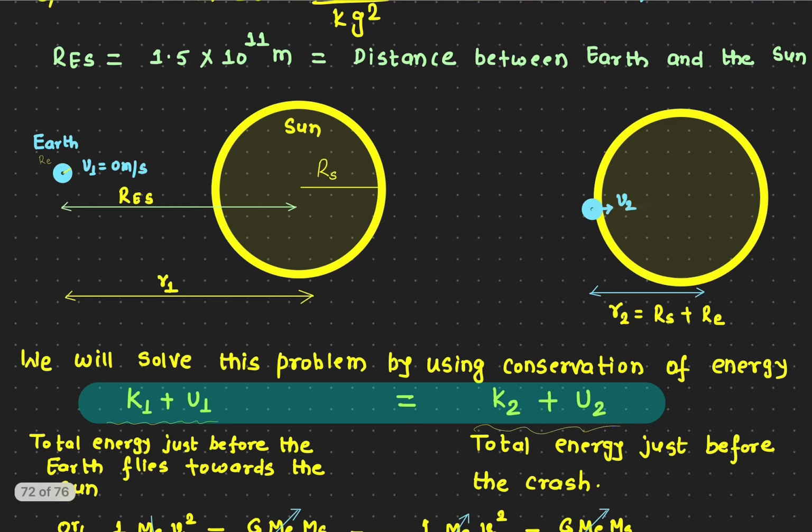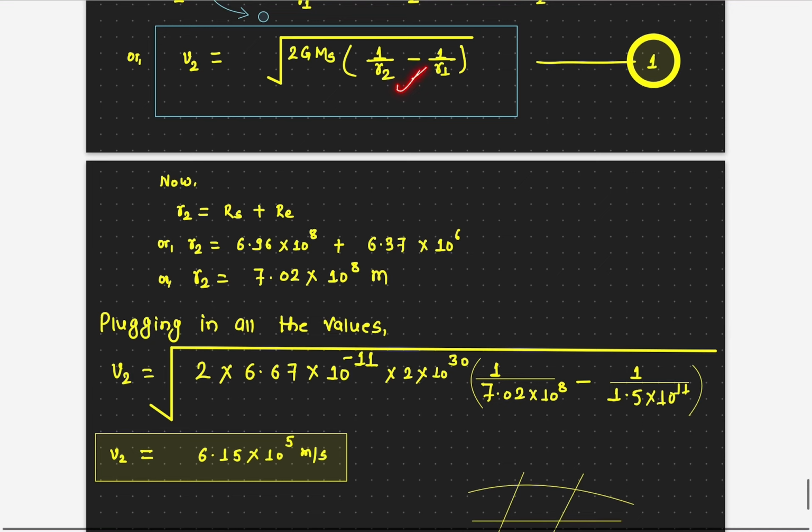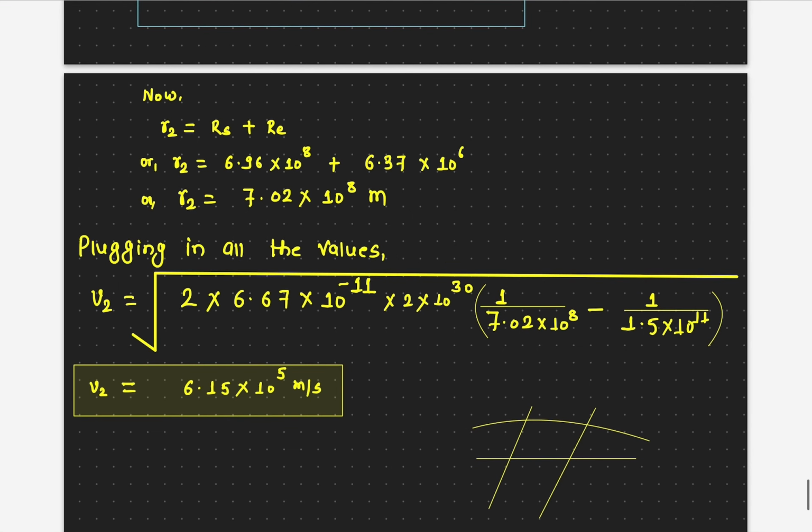So all we have to do is plug into this equation, and if we plug in and solve, this is the number we'll get: 6.15 times 10 to the 5 meters per second. That means if the earth stops orbiting around the sun, it will be pulled towards the sun, and when it crashes into the sun, it crashes with this speed.